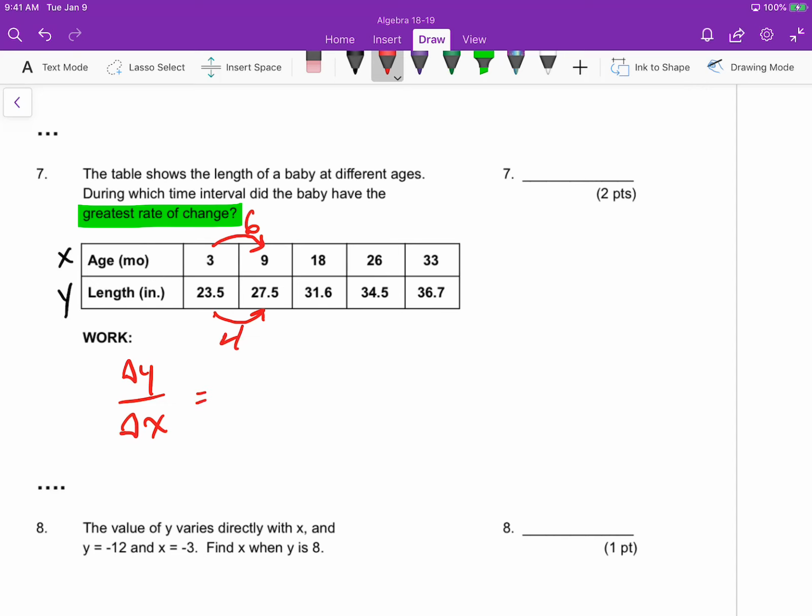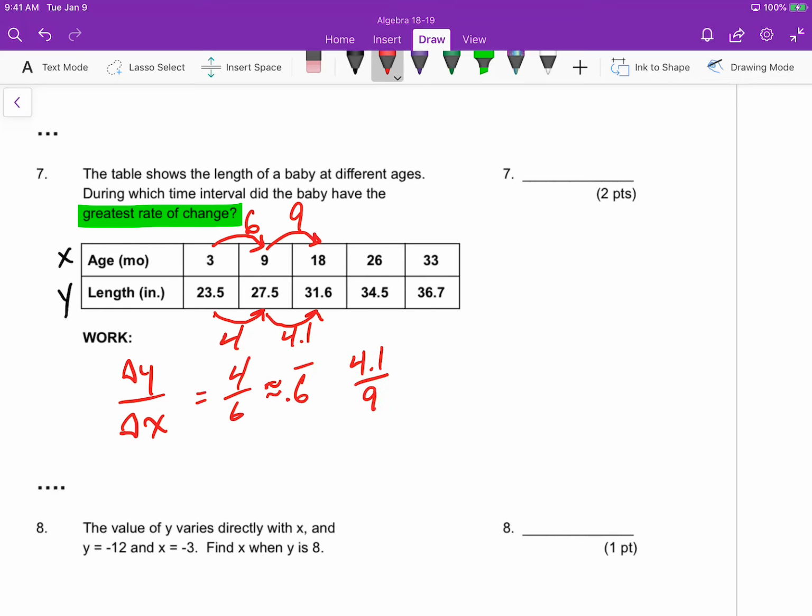So in this case, it was 4 over 6, which would equal approximately 0.6 repeating inches per month. So you have to find basically the rate of change for each. This is 9 months later, and the baby has grown 4.1 inches. So it grew more, but that was in a longer amount of time.